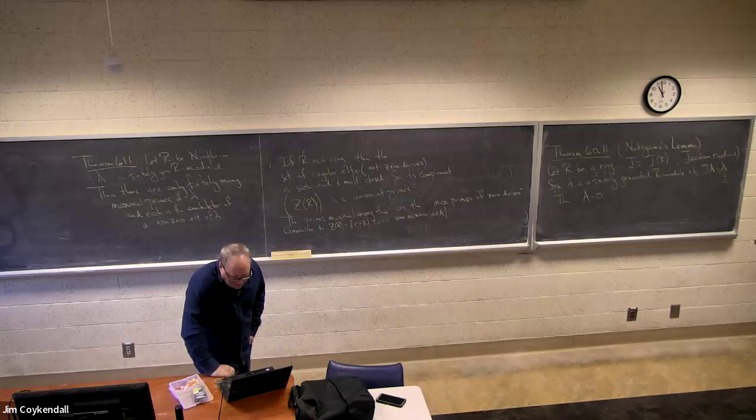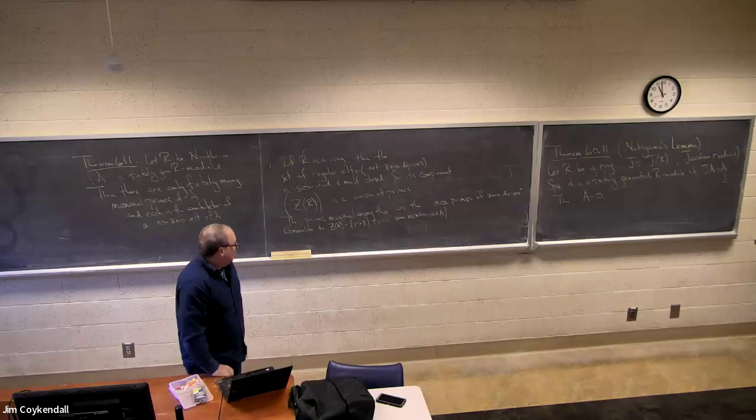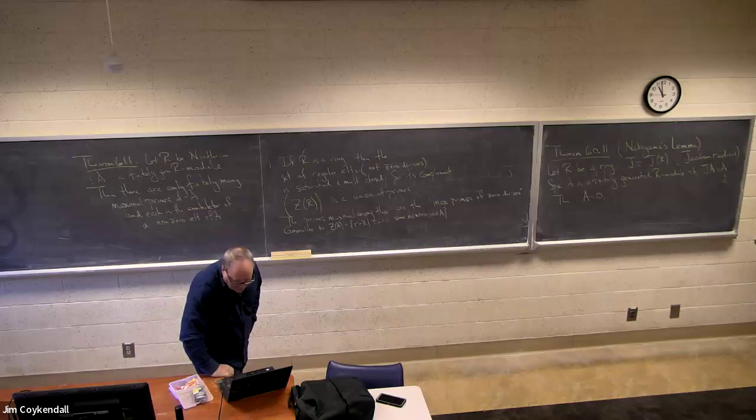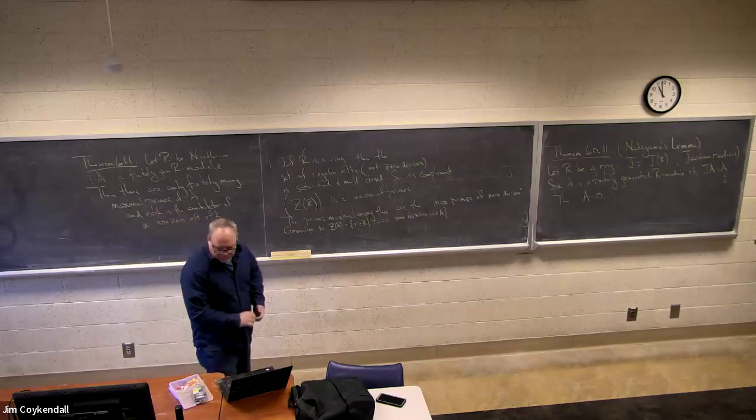This is the collection of elements that kills some non-zero element. Now, of course, this is also the complement of a saturated multiplicatively closed set and is a union of prime ideals, and that's what we need here.